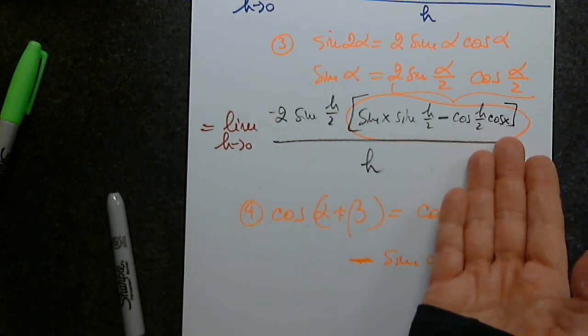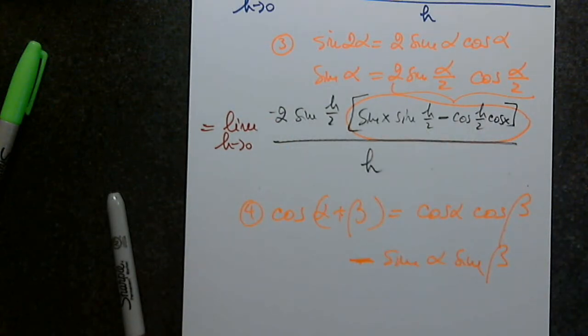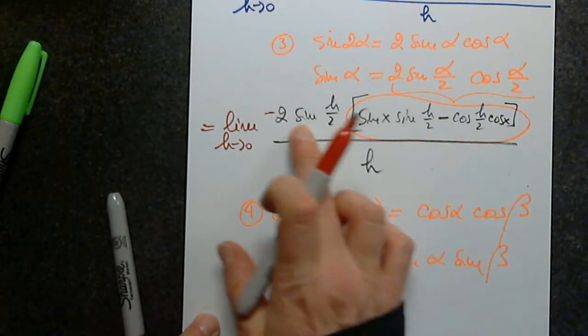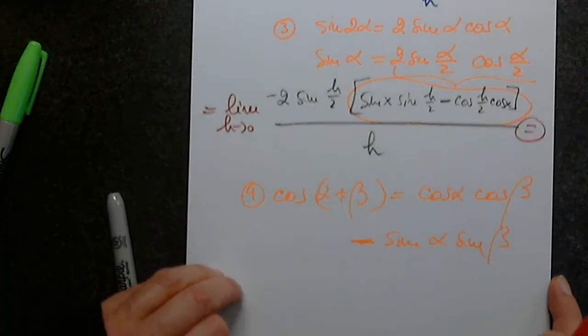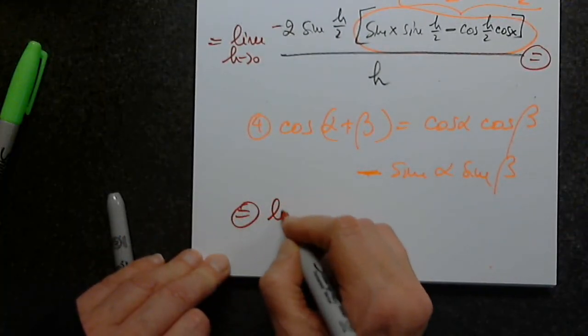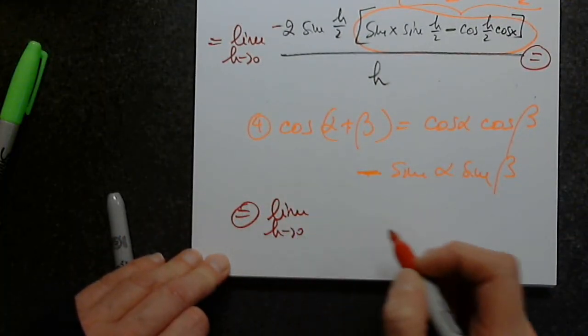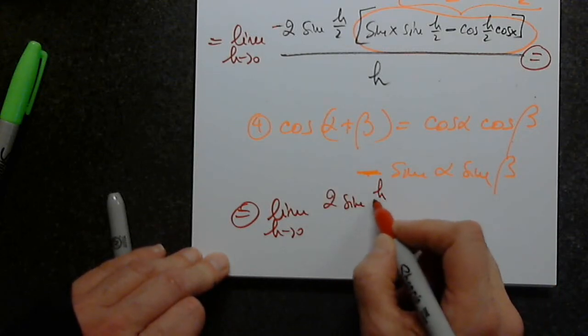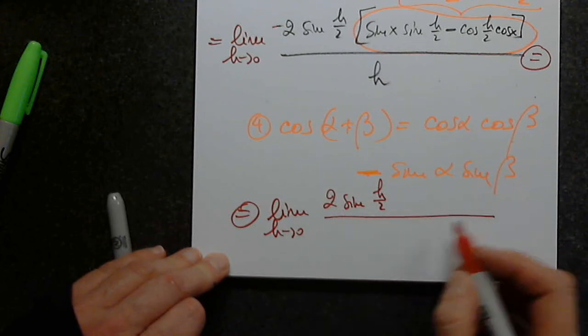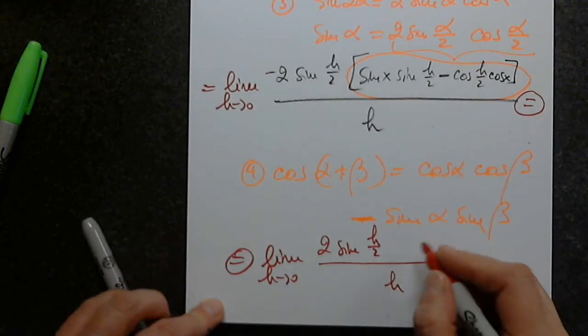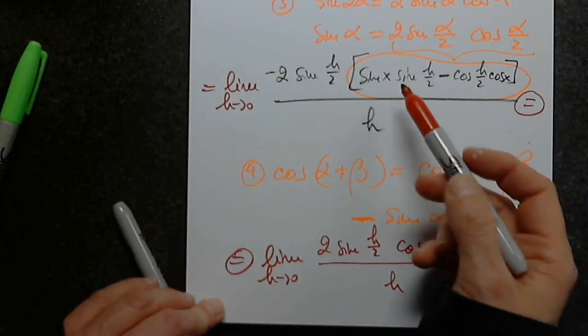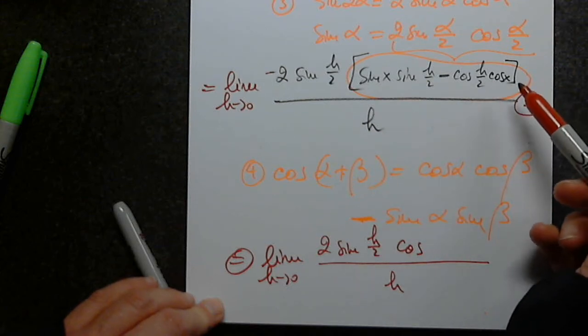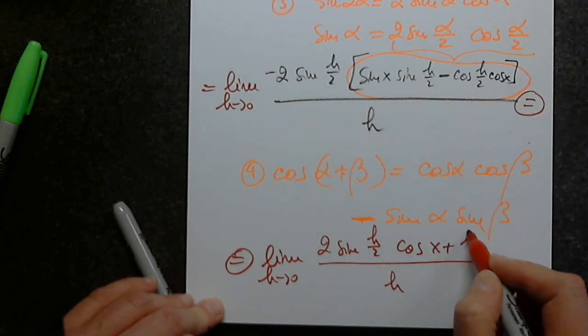Cosine h over 2 cosine x minus sine x sine h over 2. So combine this with a minus. Almost there. So limit as h approaches 0 from 2 sine h over 2 over h, cosine of h over 2 plus x, or x plus h over 2, it doesn't matter.